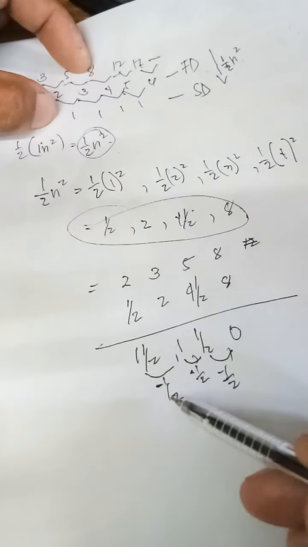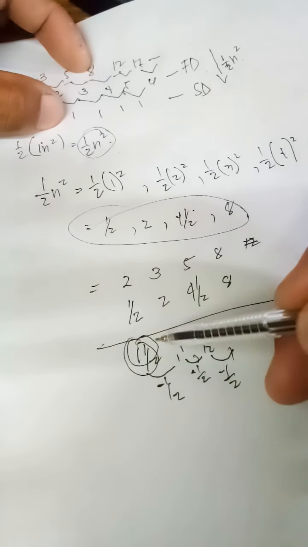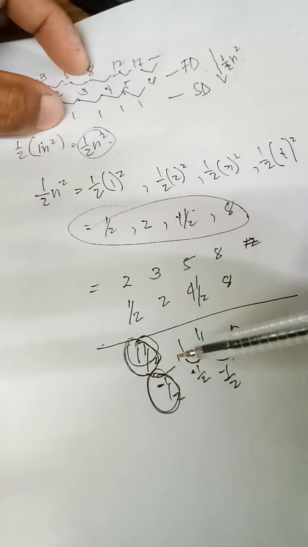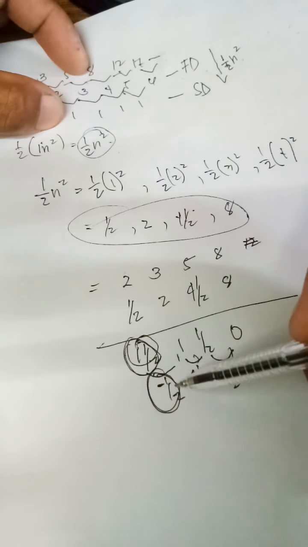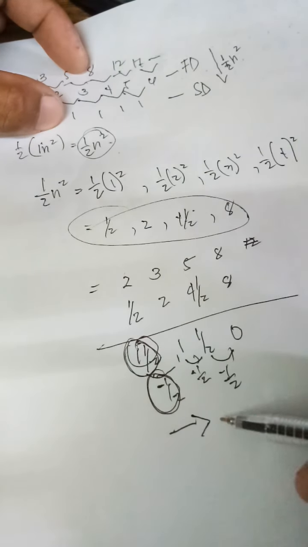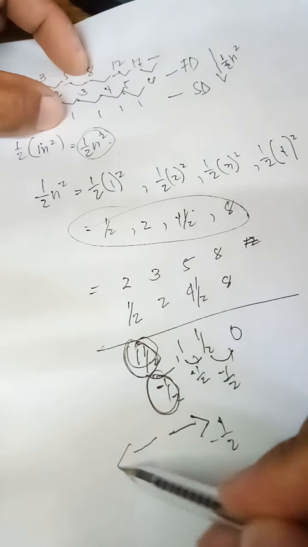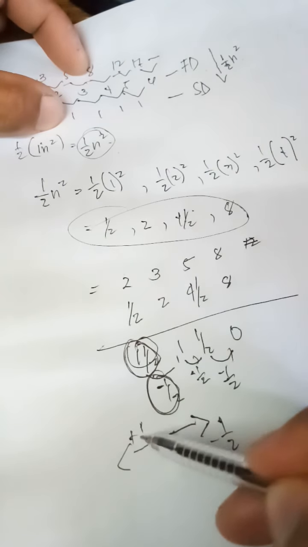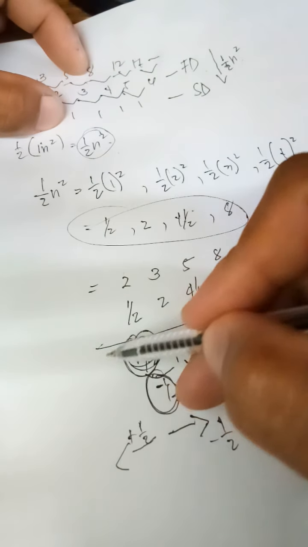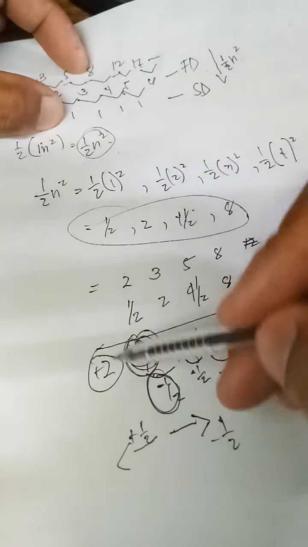So yung difference po dito, we have negative 1 half. So titingnan lang po natin, ano ba yung number before ng 1 and 1 half if we're going to use the negative 1 half. Kung papunta dito, nag-decrease tayo ng 1 half, in other words, kung pupunta doon, we're going to add plus 1 half. So you have 1 and 1 half plus 1 half, so the result is 2. In other words, we have positive 2.